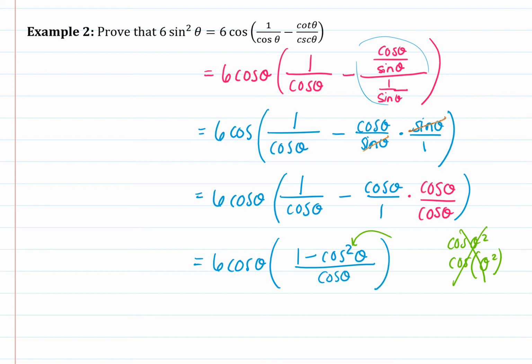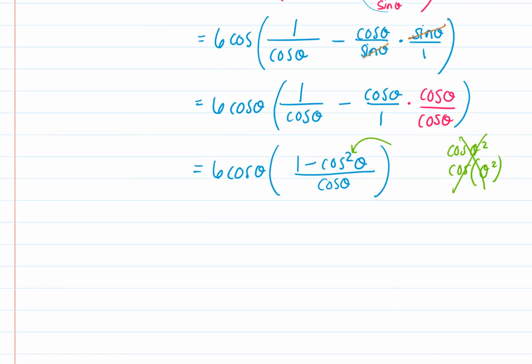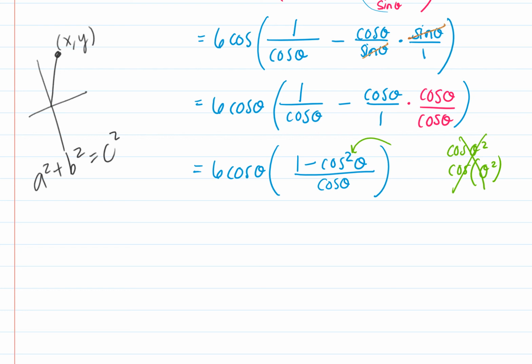Okay, now at this point in time, you need to learn a new theorem. You guys know that the Pythagorean Theorem is just a squared plus b squared is c squared, right? And we know that if you're drawing an angle, and you're labeling its coordinate pair x, y, we can draw a reference triangle. Let's assume it's in the unit circle, so it has a radius of 1.